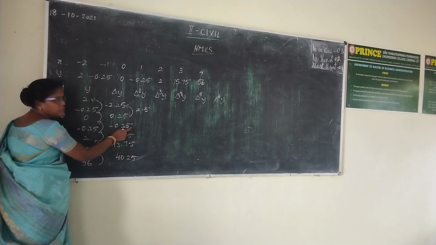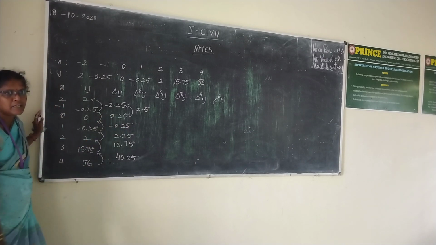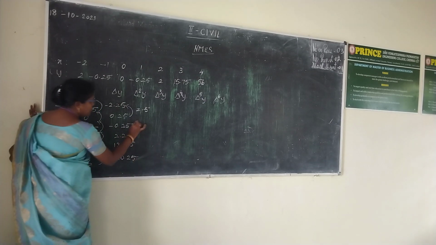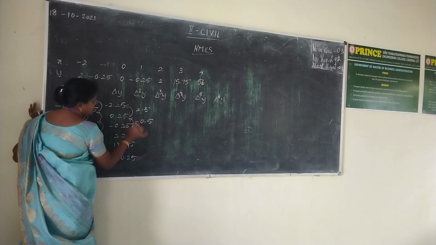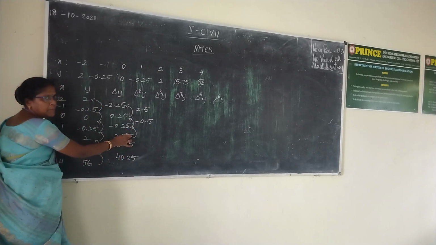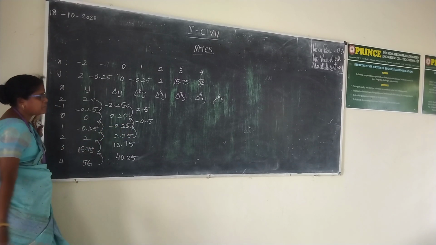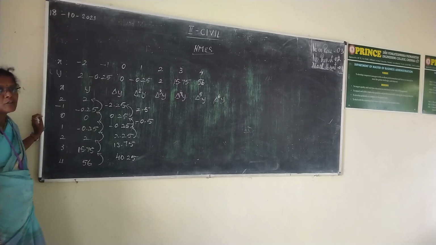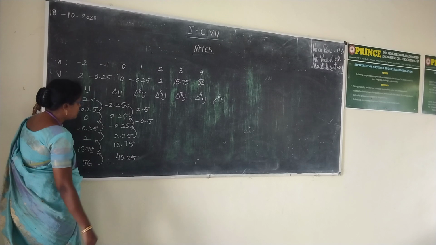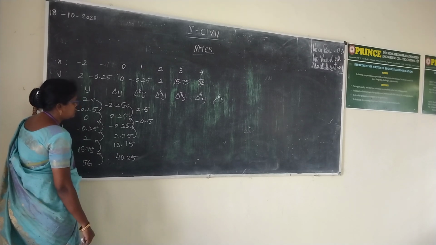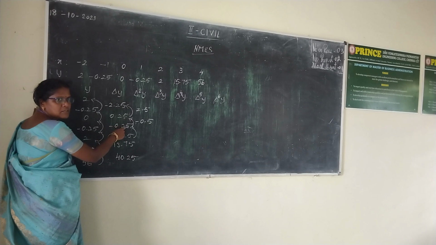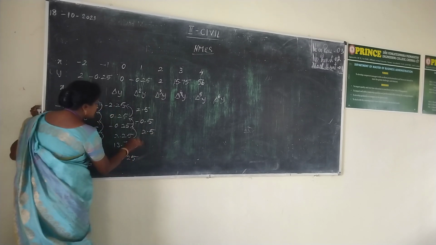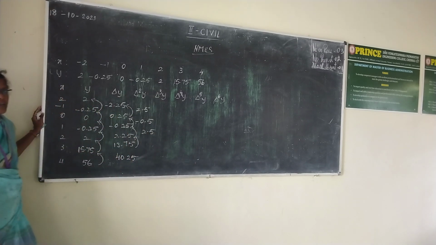Next one, -0.25 minus 0.25, so what do you get? Minus 0.5. Next one, 2.25 minus (-0.25) is 2.5. Then 13.75 minus 2.25.